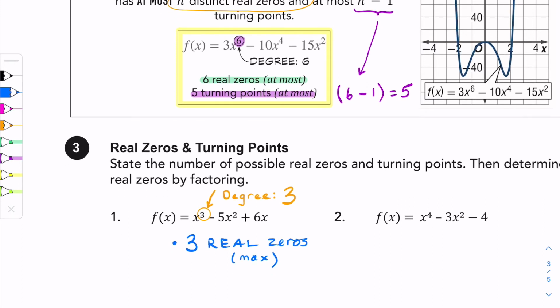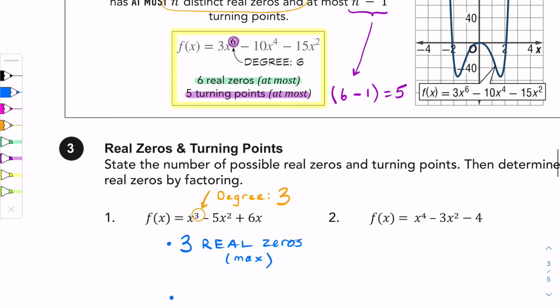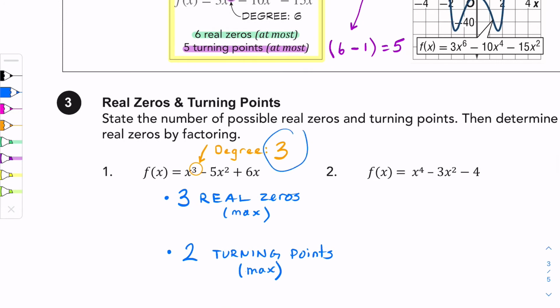And as far as turning points, if the degree is 3, then that's telling us that we can have one less than that for turning points. So we can have a maximum of 2 turning points. Okay, that is because it's the degree of 3. 3 minus 1 is equal to 2.